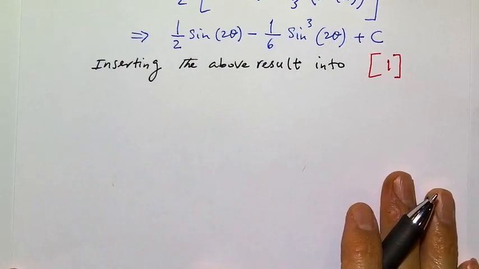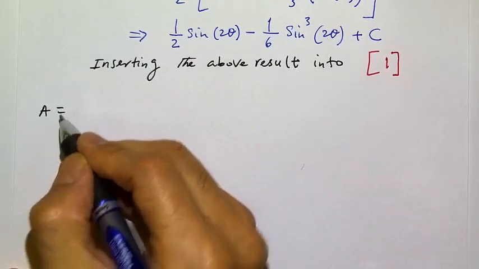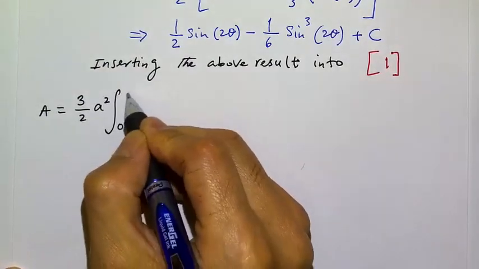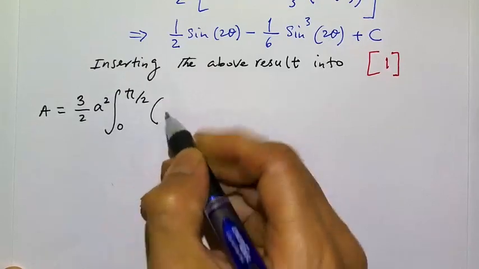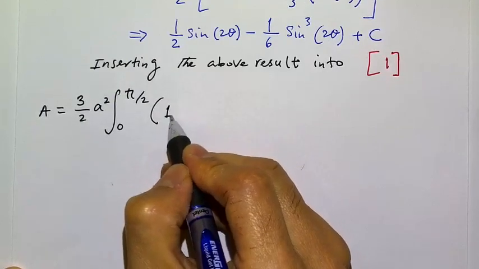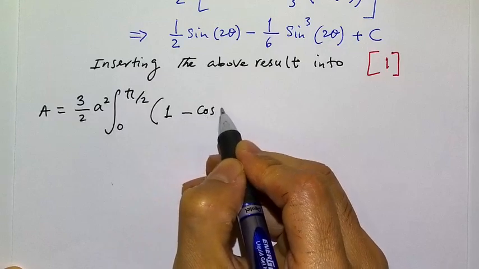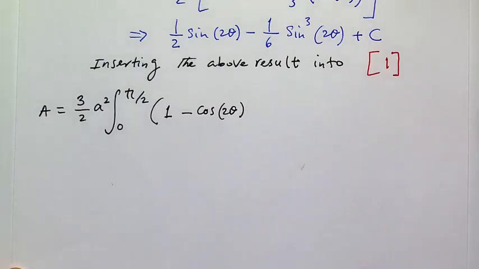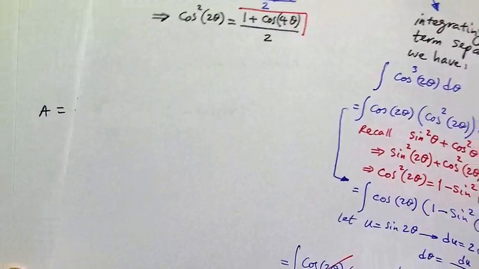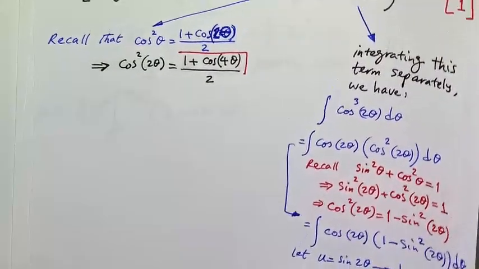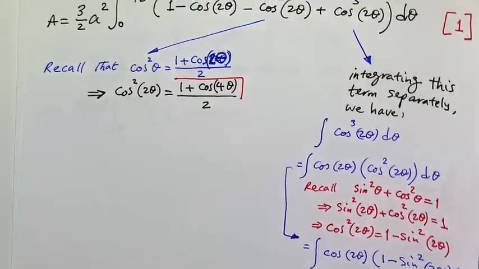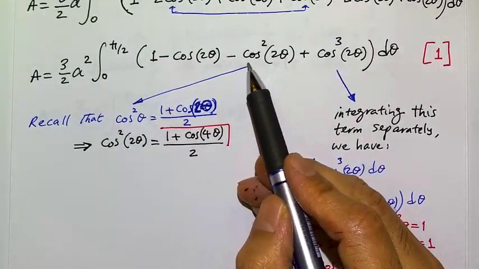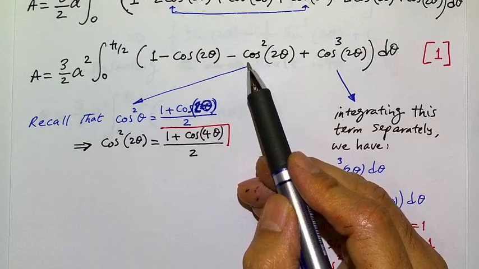So we have A equals 3/2 a squared times integral from 0 to pi over 2, 1 minus cosine 2 theta, and then, so instead of that, remember that instead of that, do I want to include that?